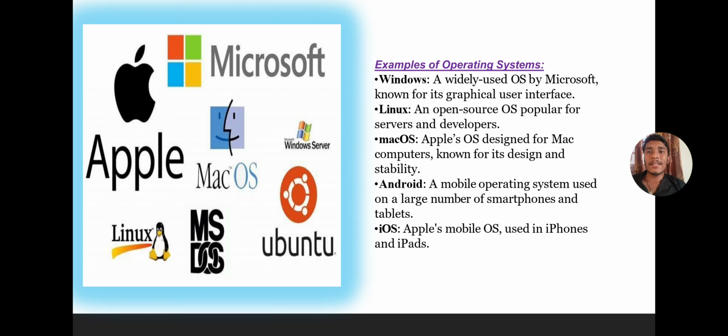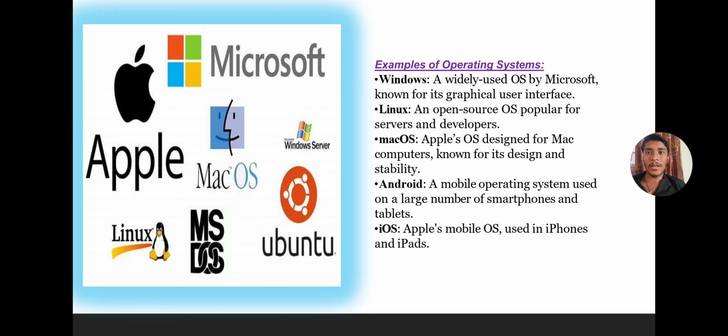Then looking at the examples of operating systems: Windows, Linux, Mac OS, Android, iOS. These are some of the most popular OS. Windows is the widely used OS by Microsoft, known for its graphical user interface. Then Linux, an open source OS popular for its servers and developers.